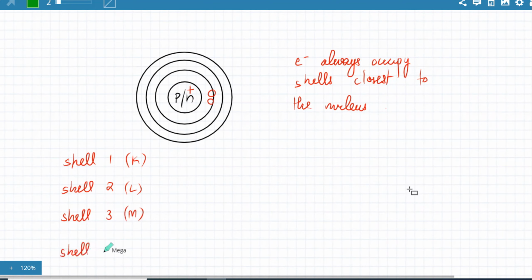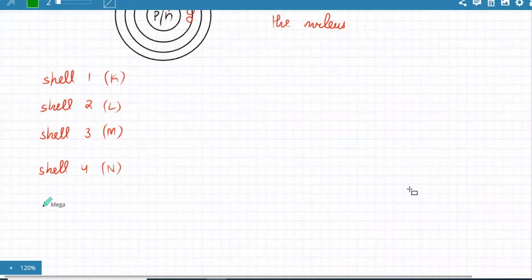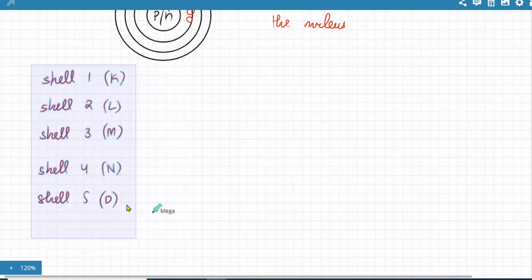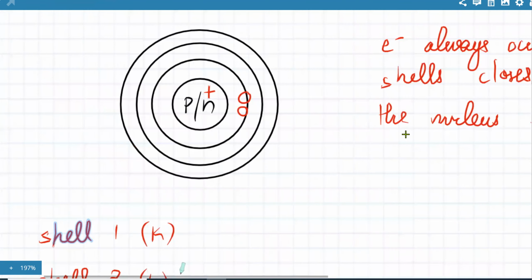and shell 4. Let's write 4 shells. And you've got shell number 5. So you have 5 shells around the nucleus, and you can go on. There could be 6 shells, there could be 7 shells. So you can keep adding shells. Now, one thing you would notice is that as you move further away from the nucleus, the size of the shell increases.